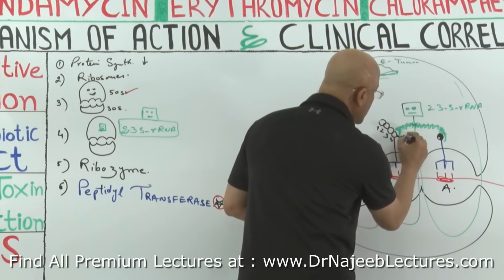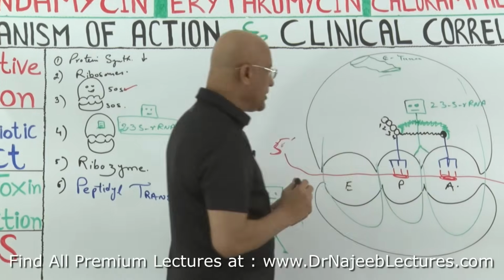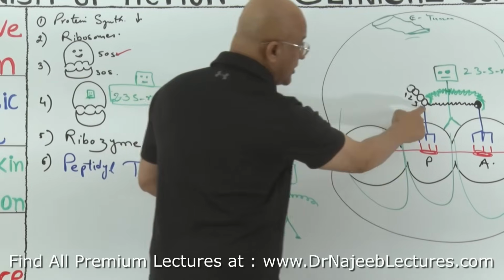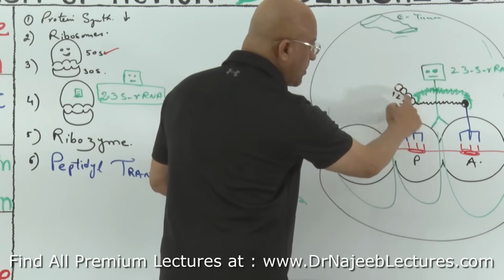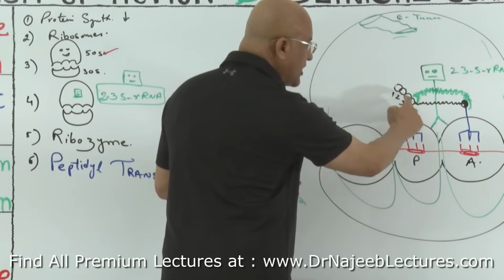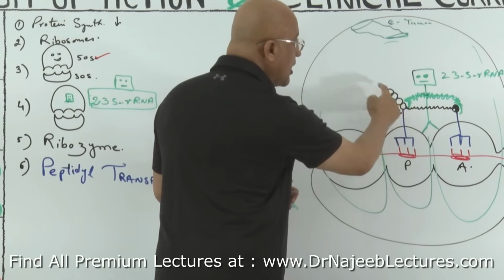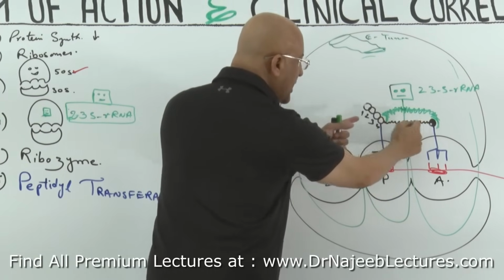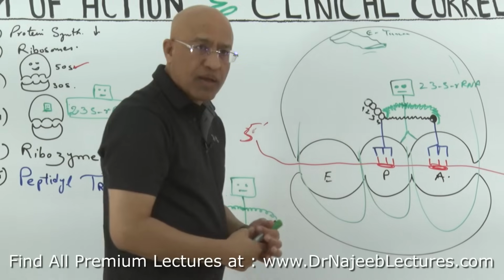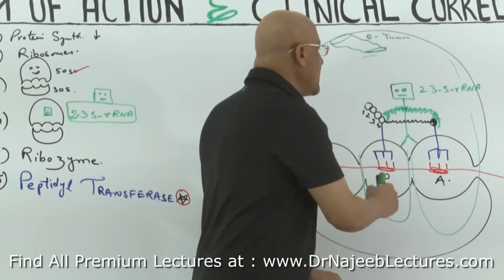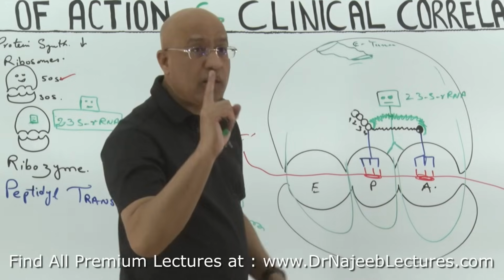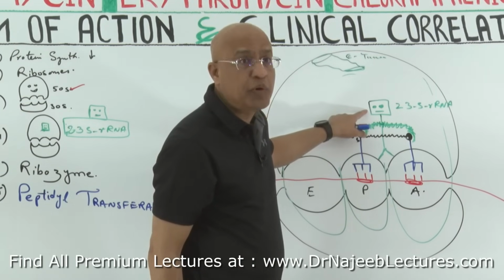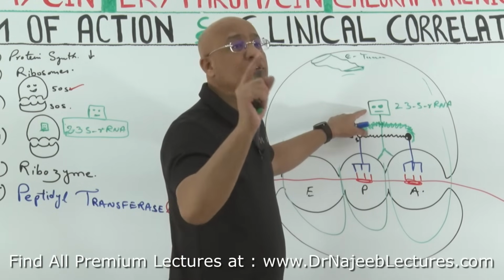So this will lead to the formation of a peptide bond. The oligopeptide chain, or recently formed peptide chain, and the new incoming amino acid are oriented with each other and connected with each other, right? This is one function which peptidyl transferase is doing, which a ribozyme is doing, which the 23S subunit is doing.